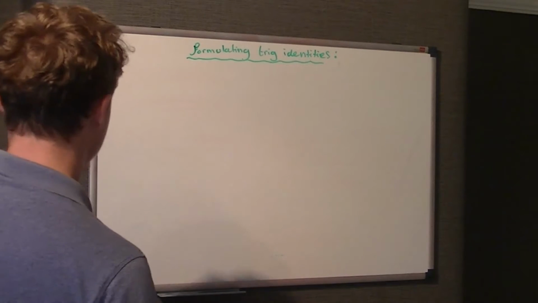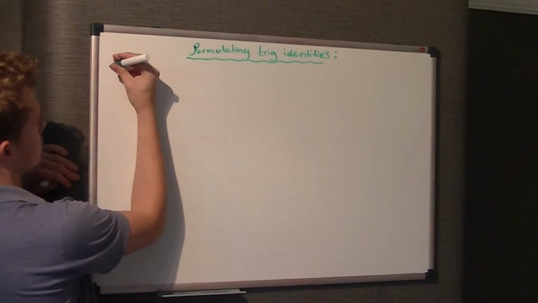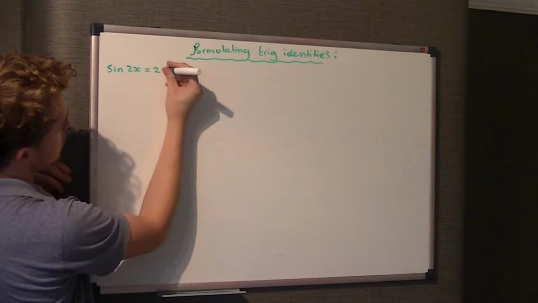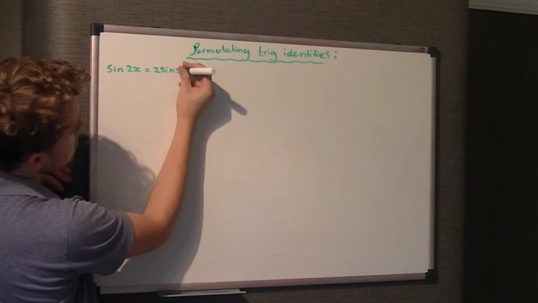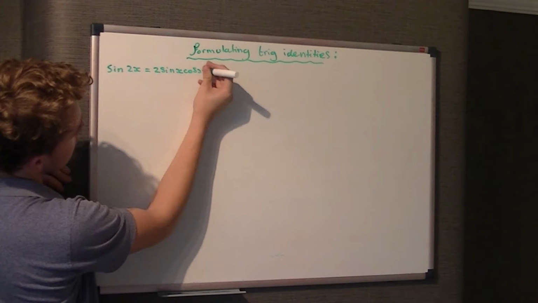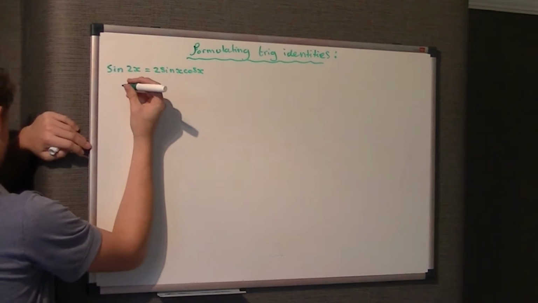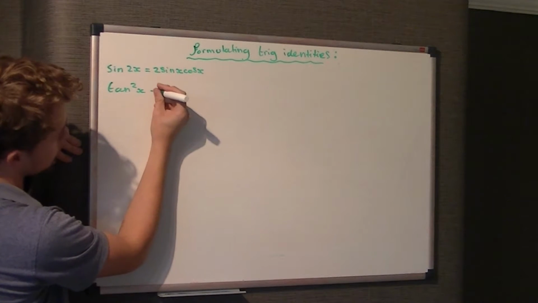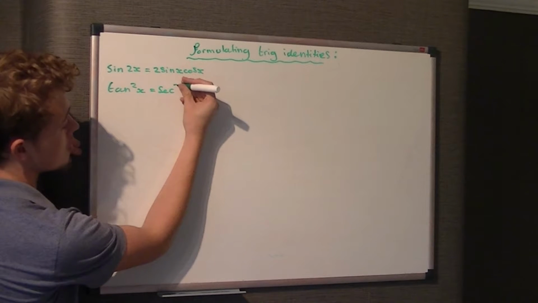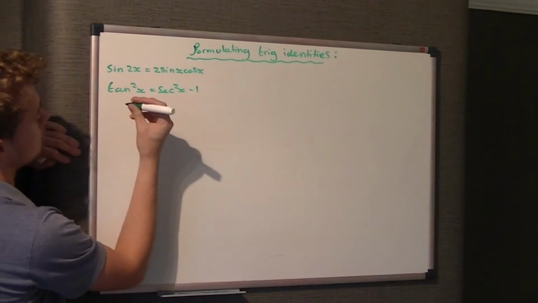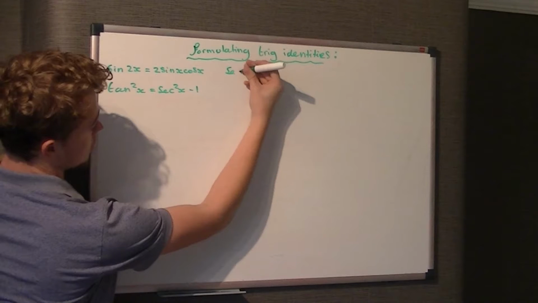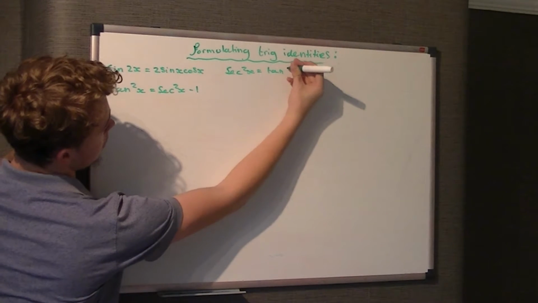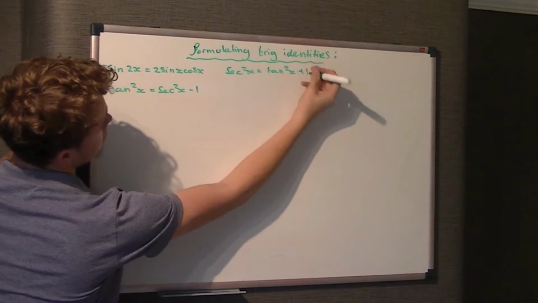So, let's rewrite all the identities. Sine 2x equals 2 sine x cos x. Your tan squared x equals your sec squared x take 1. And then your sec squared x equals your tan squared x plus 1.